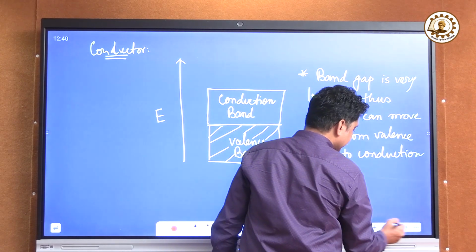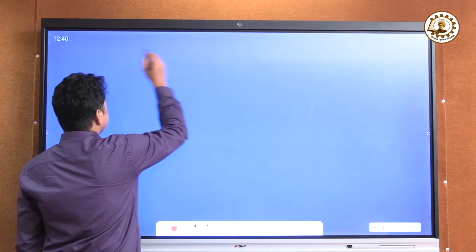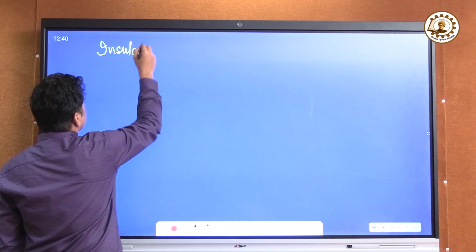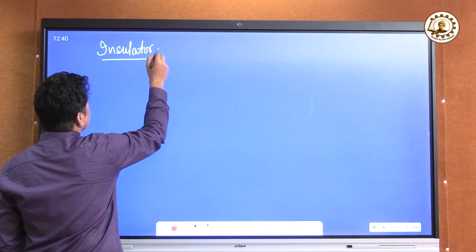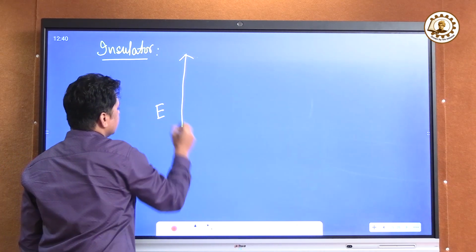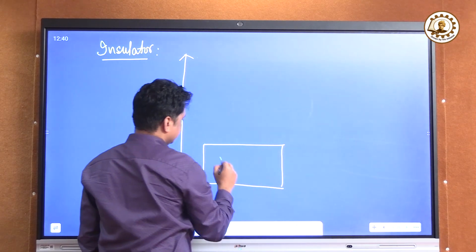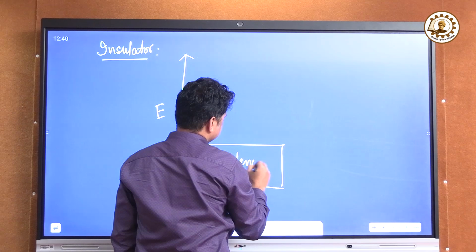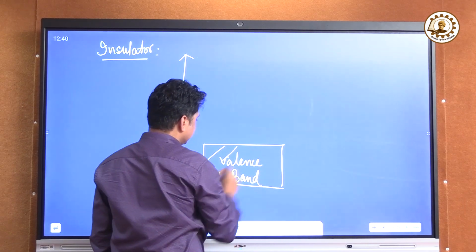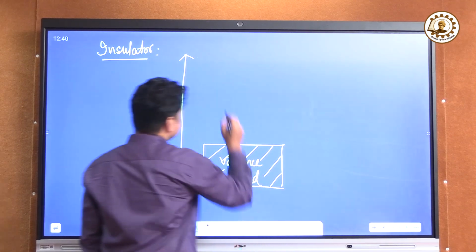However, in case of an insulator, what happens here? Again, if we draw the energy axis, we have the valence band, and it is completely or partially filled up with electrons.